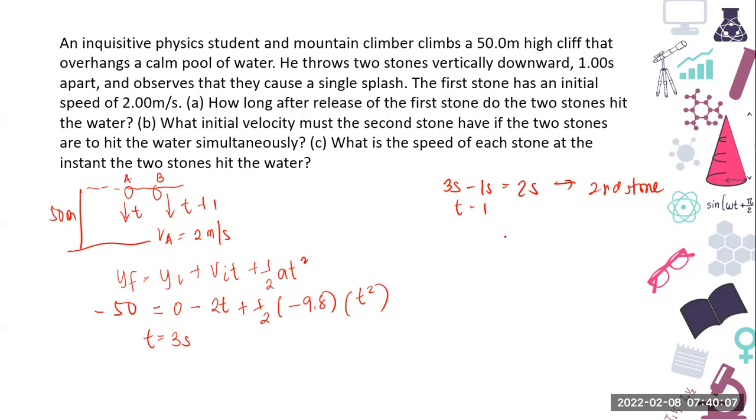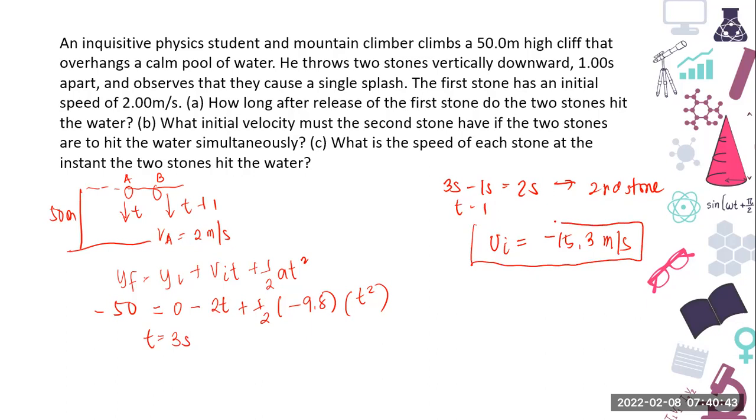We get Vi, or initial velocity, as negative 15.3 meters per second. But this time your initial velocity is not 0. You have to use another value because you're looking for it. So the initial velocity for the second stone is negative 15.3 meters per second.